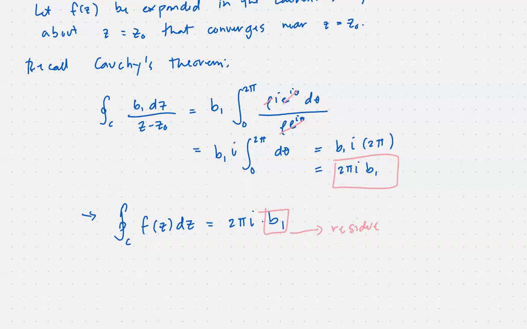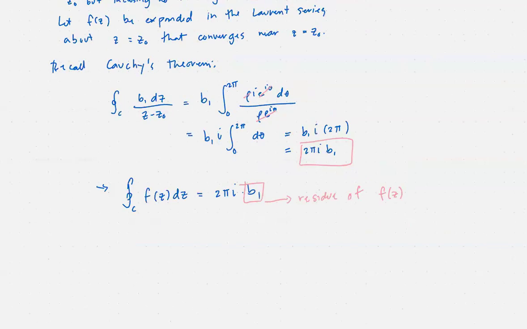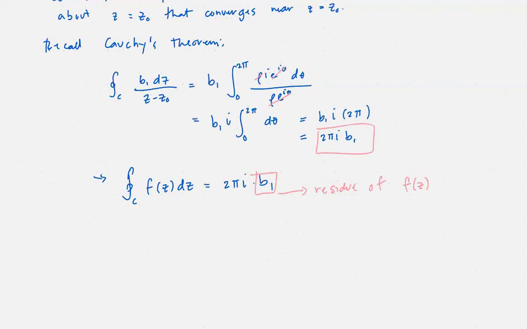Now, if we have several residues, that is possible, because in this case, f of z has only one singular point, but it is also possible that you have several singular points, as we have seen from the examples of determining the Laurent series, right? We did some examples wherein we have several points, like at least three singular points. Now, if there are more than one singular points, we can generalize that.